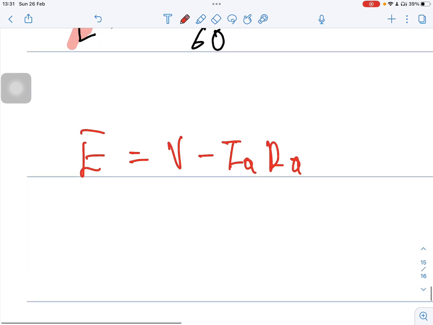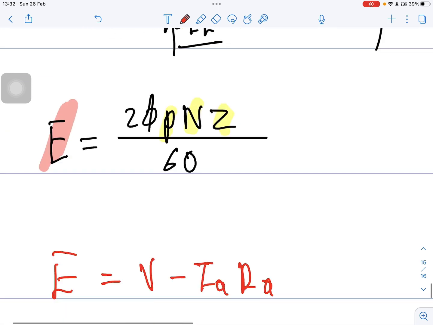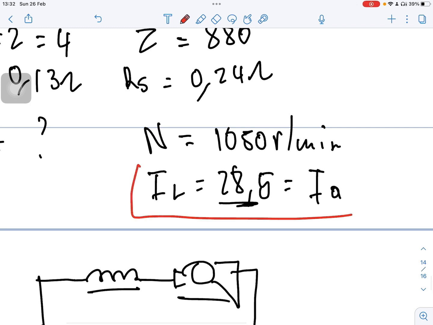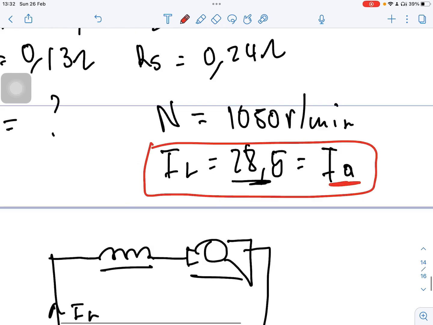So our V is 240 minus our IA, since this is a series motor, equals the armature current. If it was a shunt motor, that would be a different case, and I would have to first calculate the armature current first.